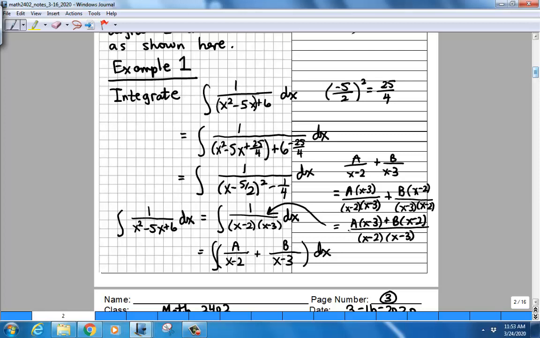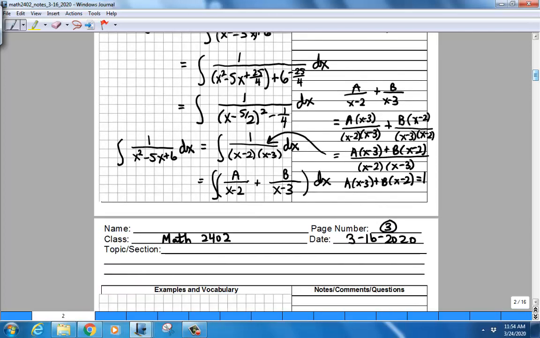So that means this top, the a times x minus 3 plus the b times x minus 2, has to be equal to 1. Because otherwise, when we add these two fractions together, we're not going to get the original integrand. So now I've simplified the problem: I have to choose a and b so that this sum will come out to be 1.